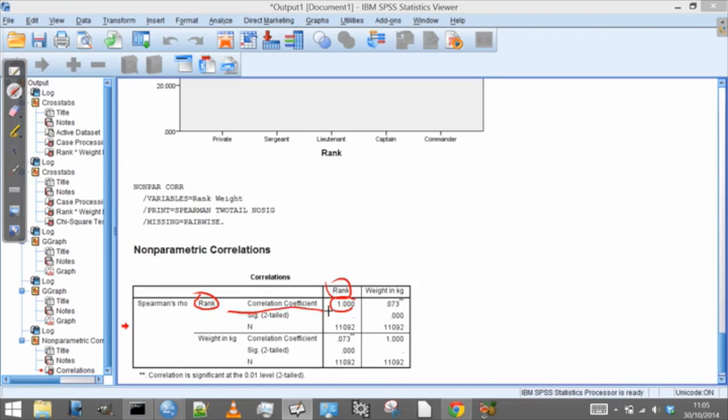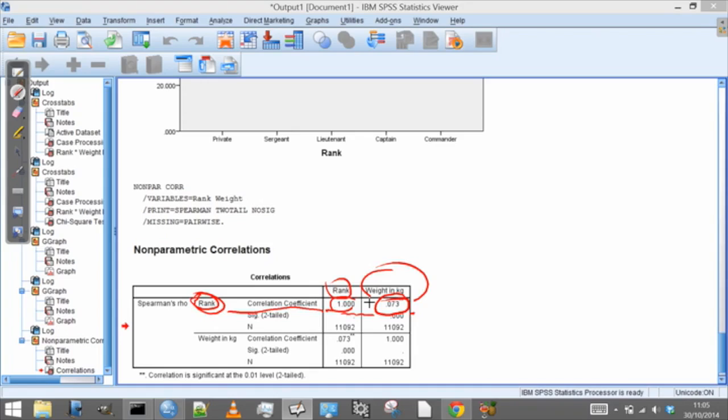If we follow that over, the correlation coefficient between rank and weight, so rank's there, weight's there, the correlation coefficient I've just drawn through is that one there, 0.073. It's a very small correlation coefficient. Okay, so that's the level of correlation.